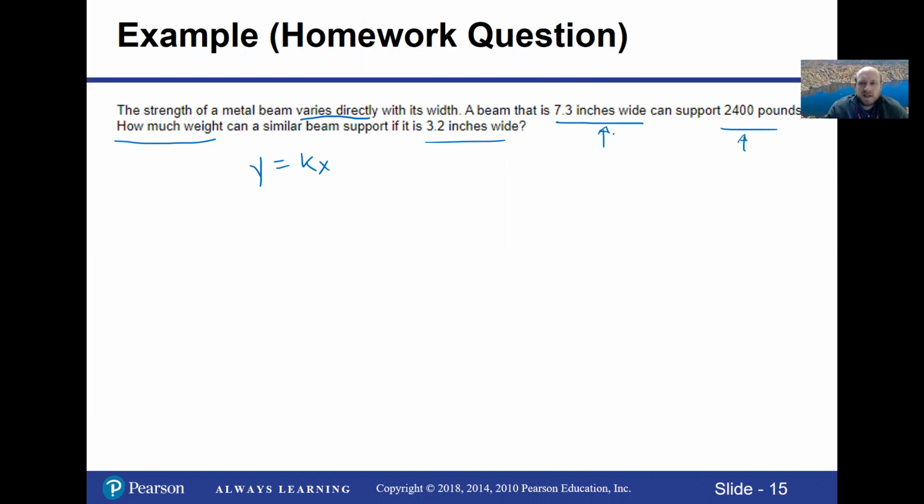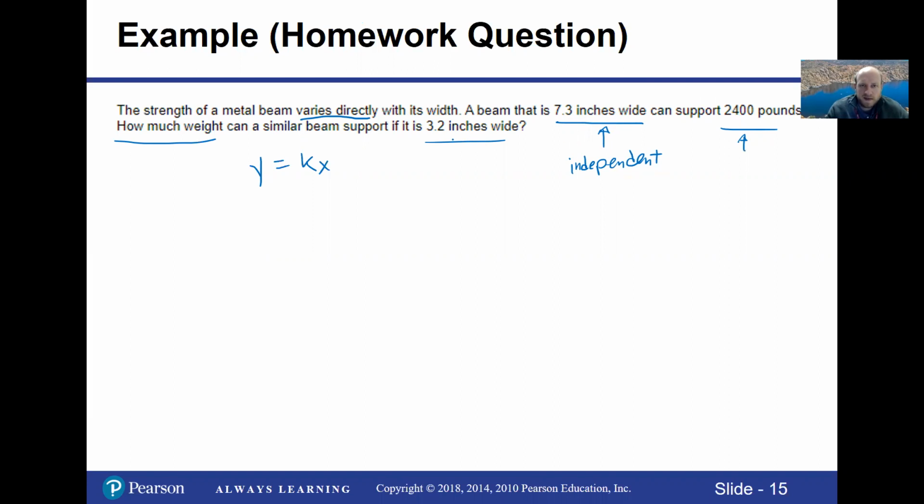Does the 7.3 inches depend on the pounds? Well, I would say that this one is independent. That's something that can change.